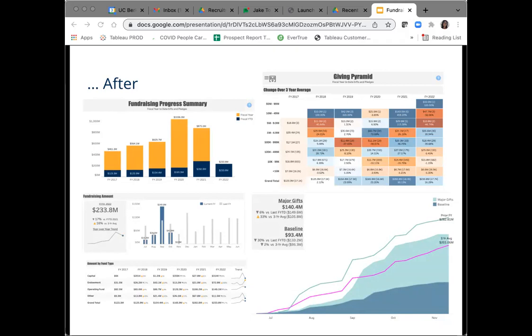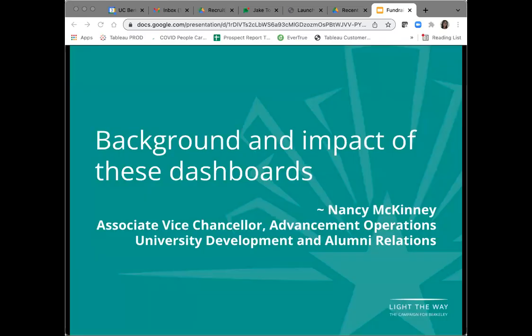And we can feed them the insights that they want immediately, as opposed to pulling out the calculator, as we said in the title of the session. So we'll talk more about this, but let's go into a little bit about the purpose and the background behind, you know, the impact also behind these dashboards.